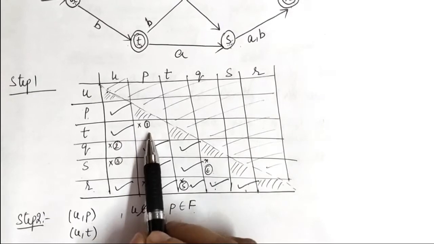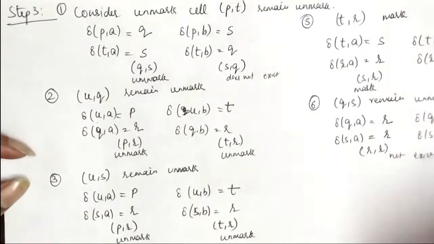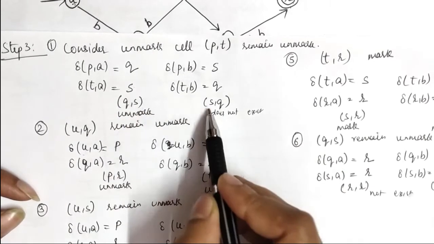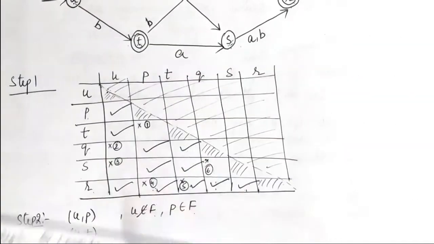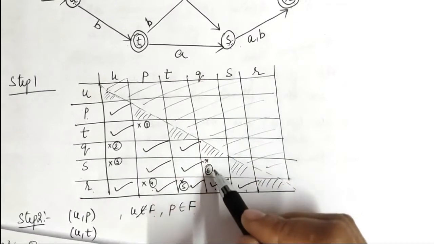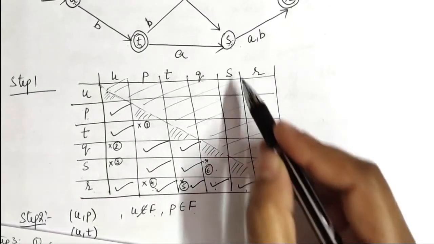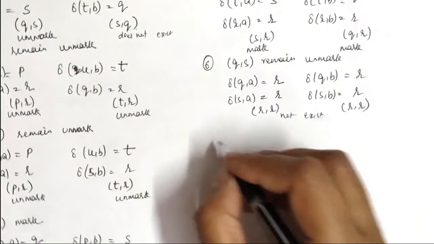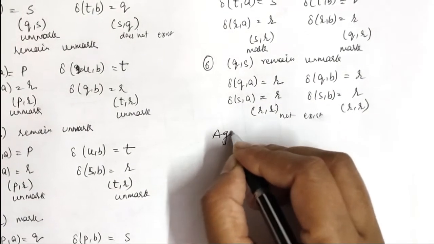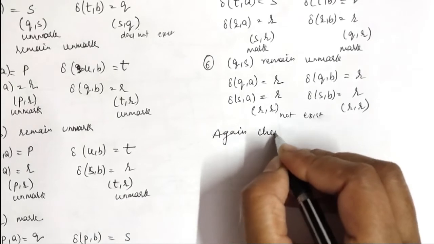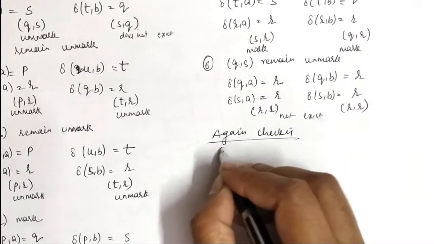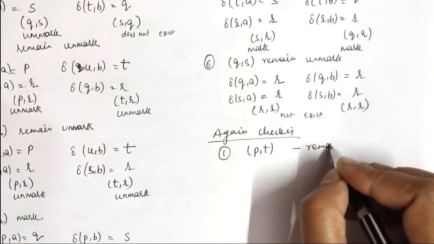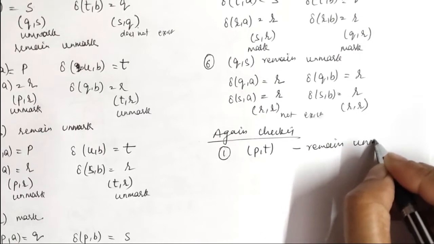For the first cell, that is P comma T, the resulting pairs are Q comma S and S comma Q. Now check Q comma S. Q and S is unmarked, and S and Q does not exist, so we leave it as it is. So the first unmarked cell, P comma T, still remains unmarked.